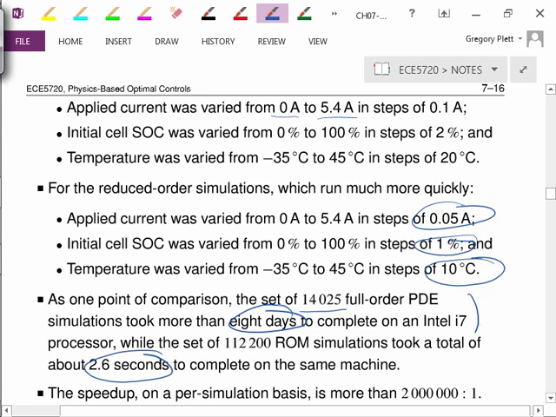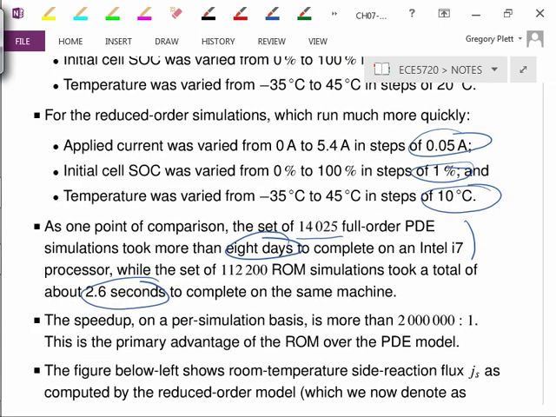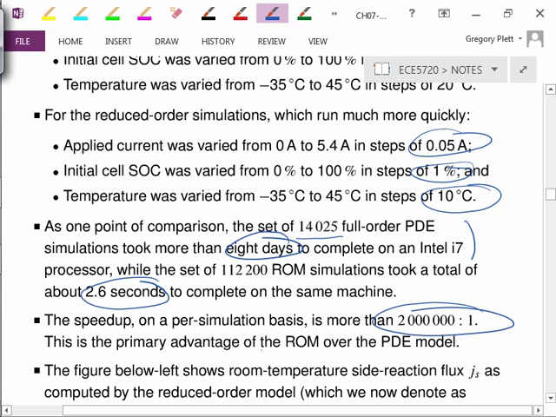COMSOL used, I believe, 4 cores of the processor for 8 days, whereas the reduced order model simulations used a single core of interpreted MATLAB, 2.6 seconds. That is the main advantage of the reduced order model. It's a speed up of more than 2 million to 1. This is why we would use a reduced order model instead of a PDE model inside of a battery management system, because we have to do things quickly or with limited computation because we want to do it cheaply.